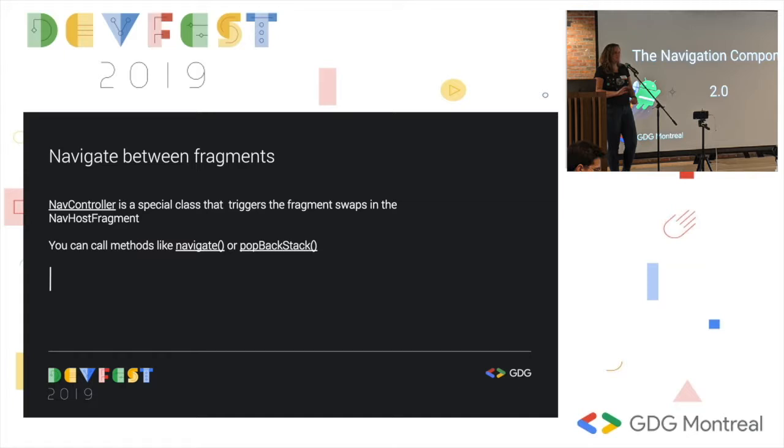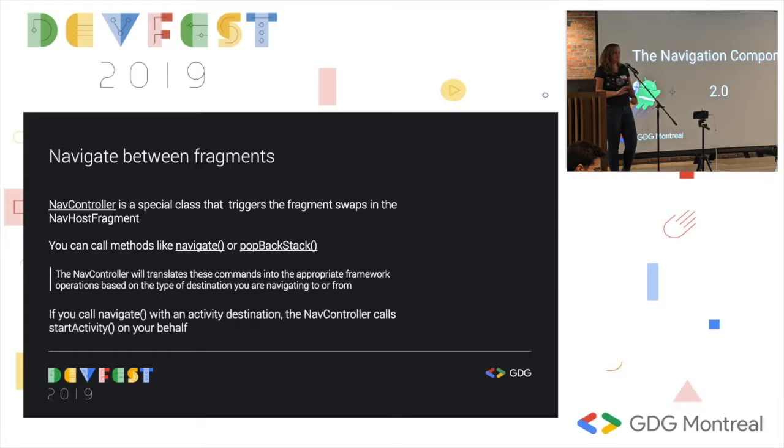So you have things like navigate up and back stack to a certain fragment, and it's a super cool method because if you put an ID that is in your graph but it's an activity, and you are coming from a fragment, it will automatically detect that this ID is an activity and start the activity by itself. If you still try to keep startActivity and things like that in your application, it will not work. When you migrate to the navigation graph, everything is managed by the graph.